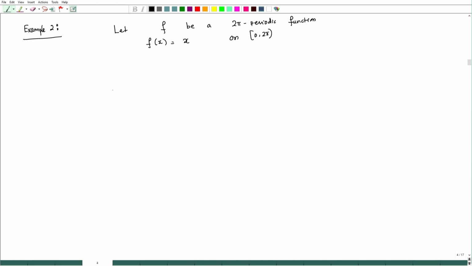So, now let us try to sketch the function. This is 2 pi, this is 4 pi, this is minus 2 pi.